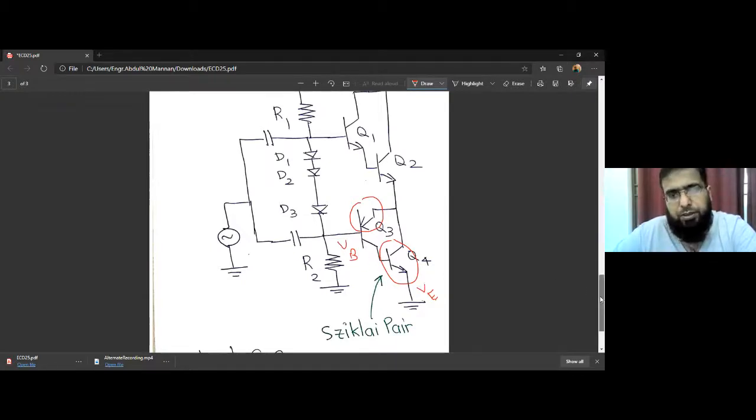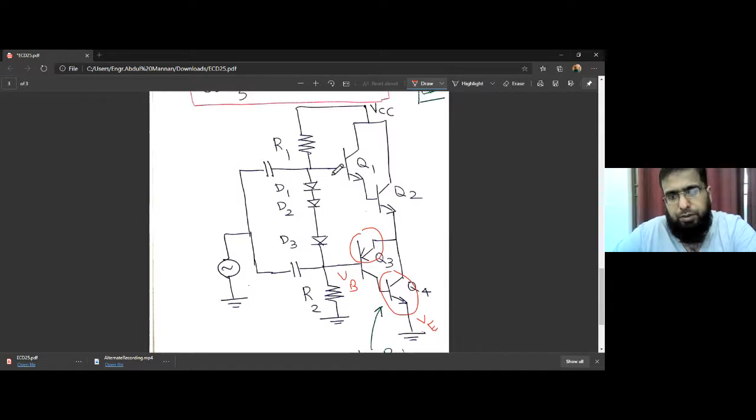Whereas for a conventional Darlington pair, we need 0.7 volt to turn on this base-emitter junction and 0.7 volts to turn on this base-emitter junction. So in total, we need 1.4 volts to turn a Darlington pair on.